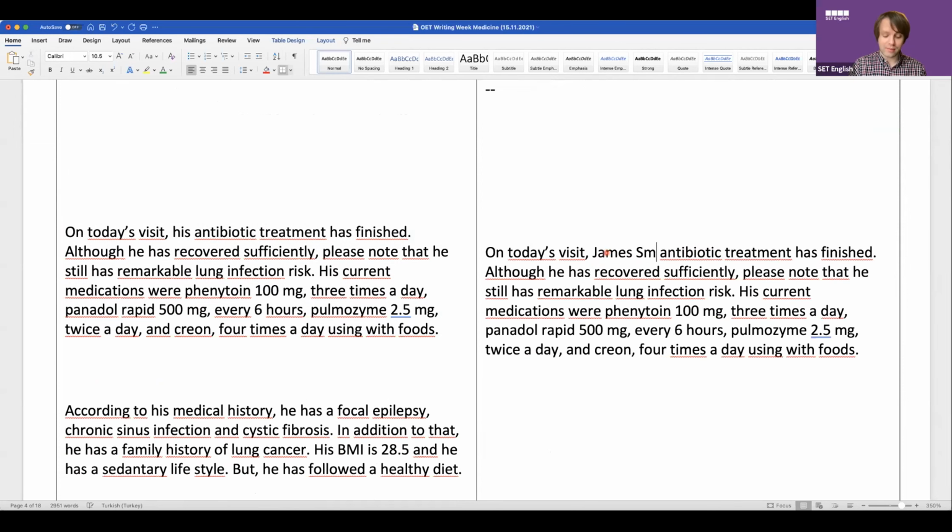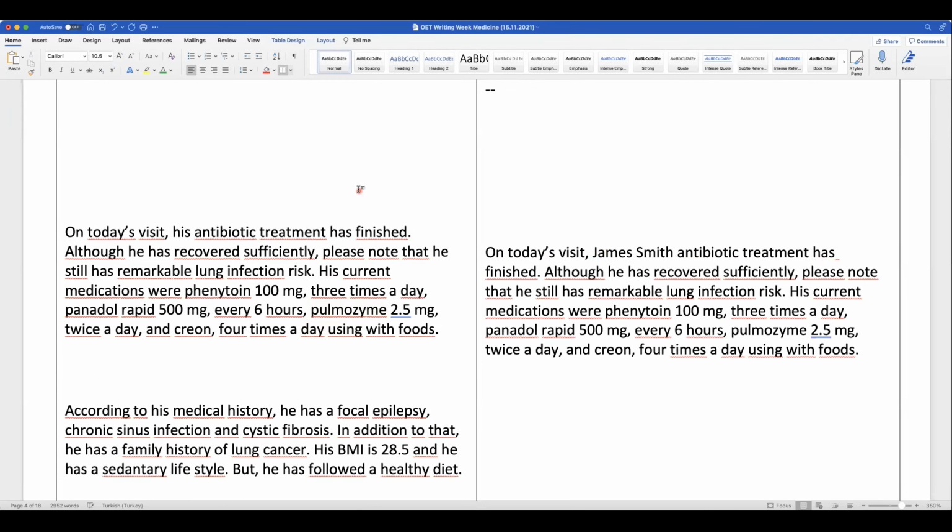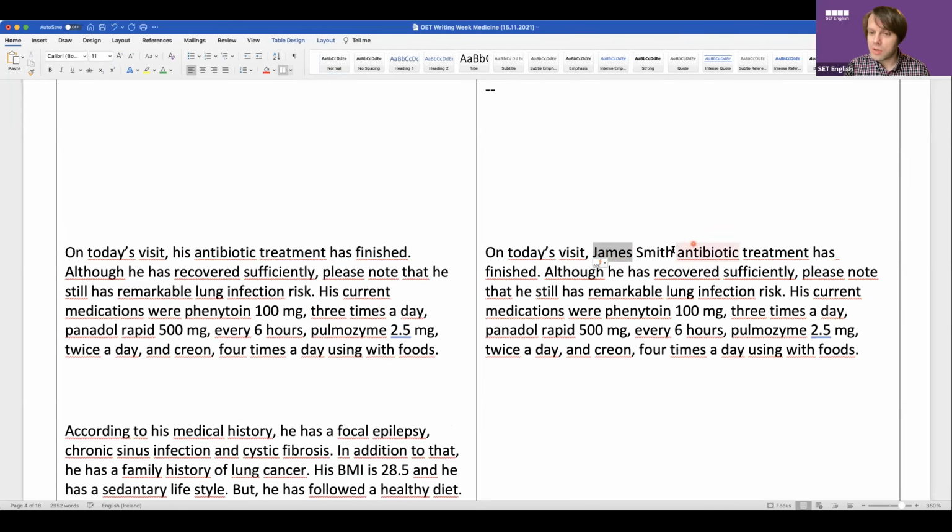Why? Because it's the beginning of a new paragraph. The first time you use the name in the paragraph, you can't say his. Second time, it's okay, right? So on today's visit, James Smith, what do I need?